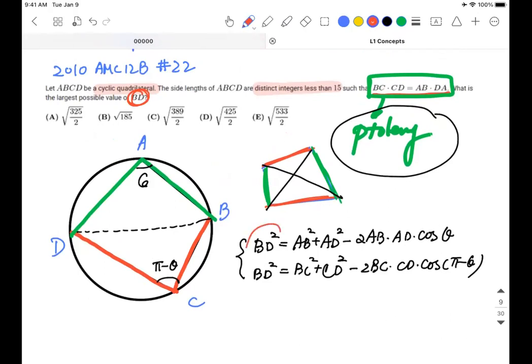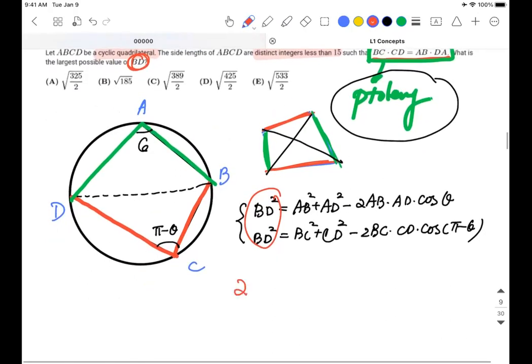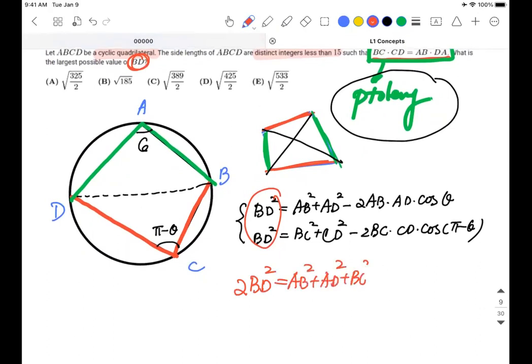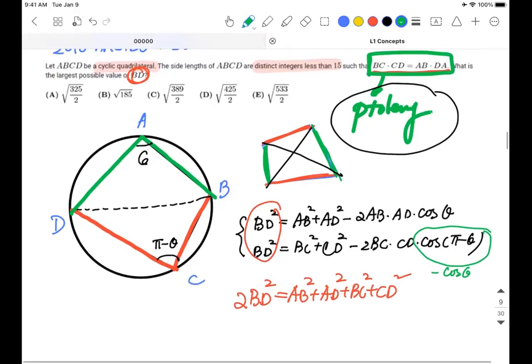Because the question is asking you to determine the value for BD, of course, you're going to be adding them together. You can't subtract, right? So that's going to give you 2BD squared equals AB squared, AD squared, BC squared, CD squared, and you can find out cosine pi minus theta actually equals minus cosine theta, right? We're using a trig function, not too complicated: cosine pi minus theta equals minus cosine theta.